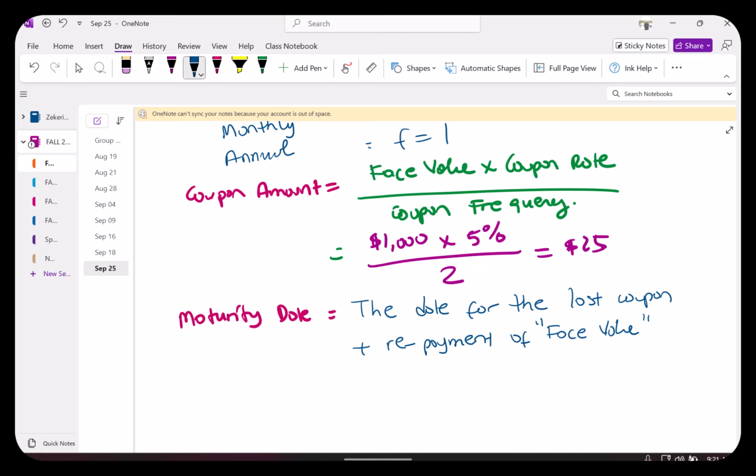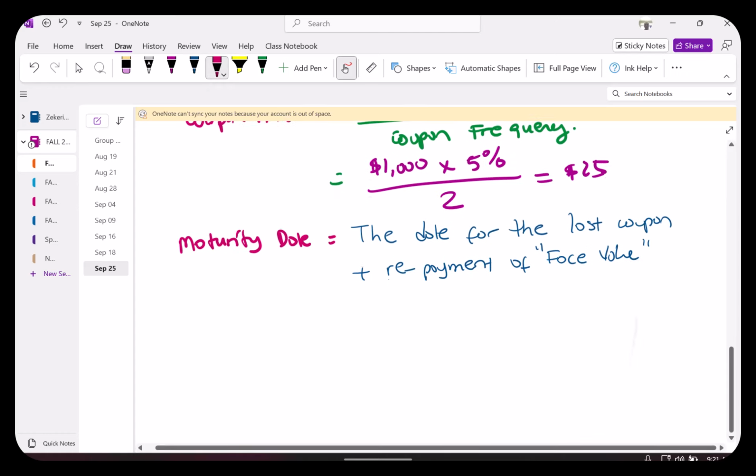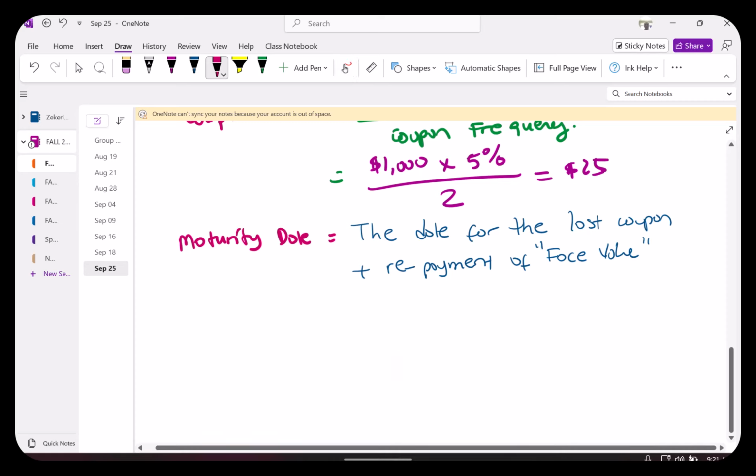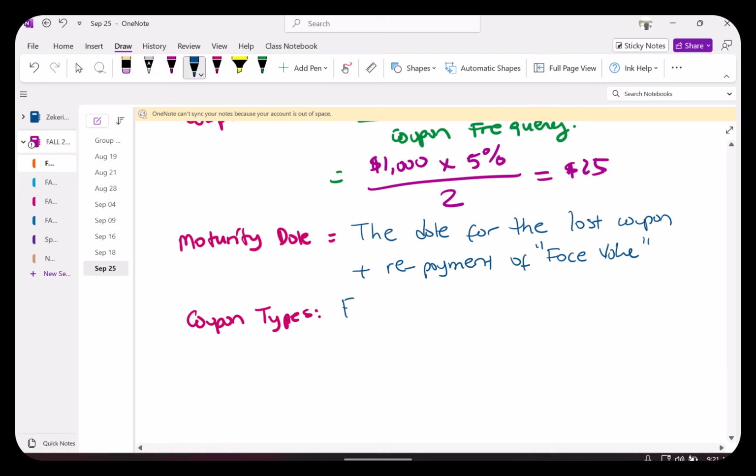Let's also say we also have coupon types. You can have fixed coupons, as in the example above.